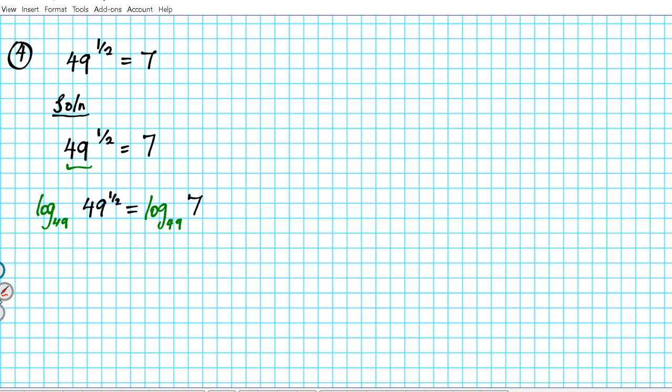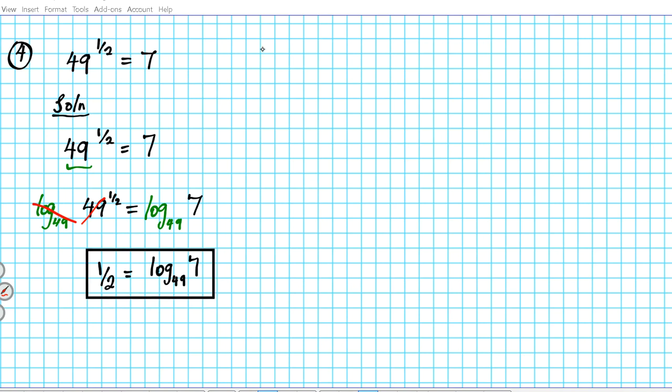So on the left side of the equation, we have the cancellation action happening. And then we just bring down the value of the exponent, which is 1/2. We have 1 over 2 is equal to log base 49 of 7. And that, ladies and gentlemen, is the answer to question number 4.